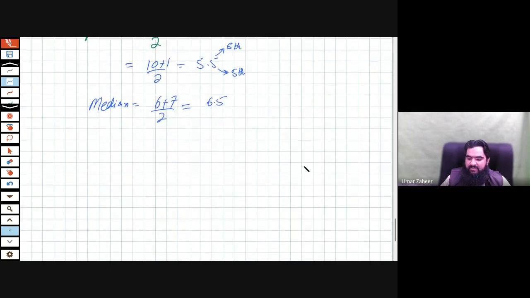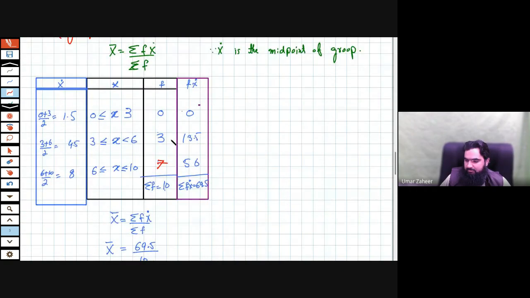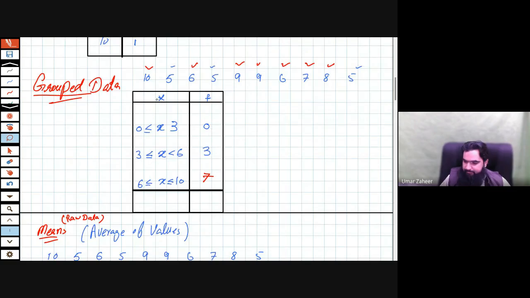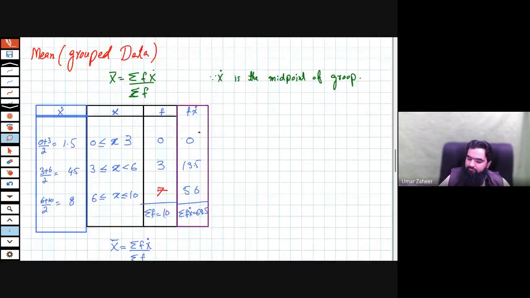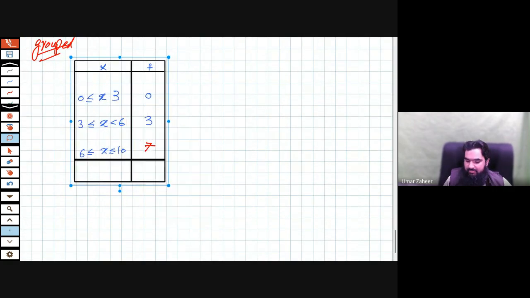Now, if you are going to find the median in grouped data, let's take the grouped data down. Let's take this one here. For this one, again, we need to find the cumulative frequency column.